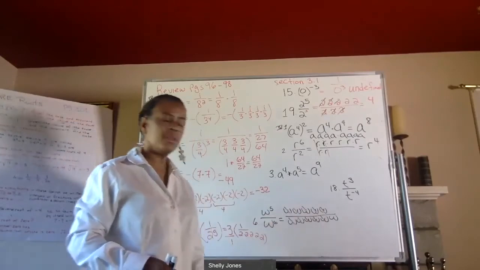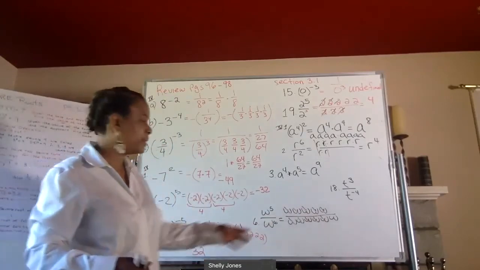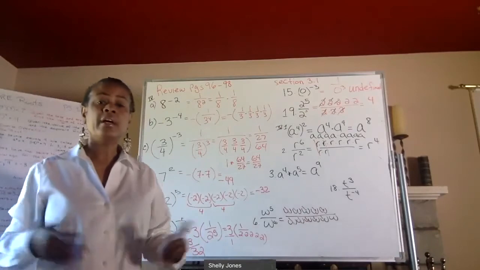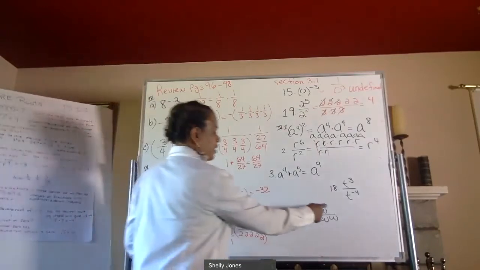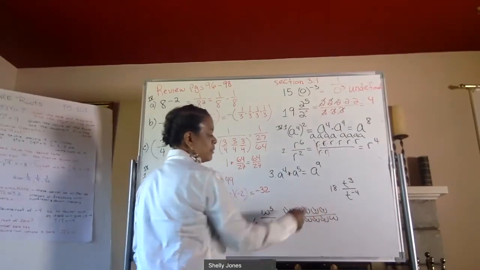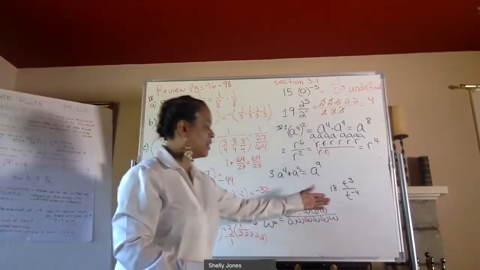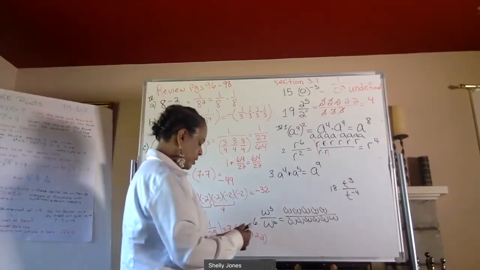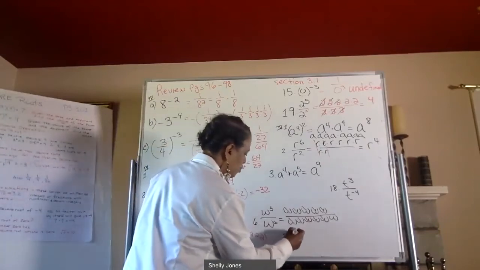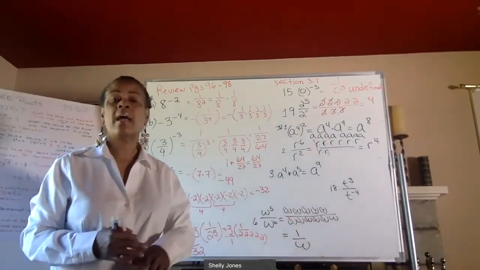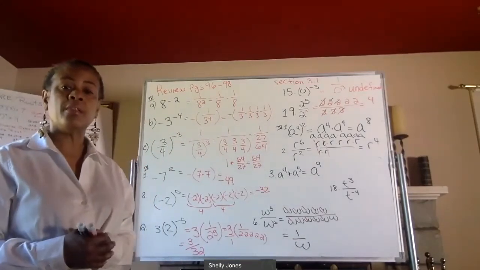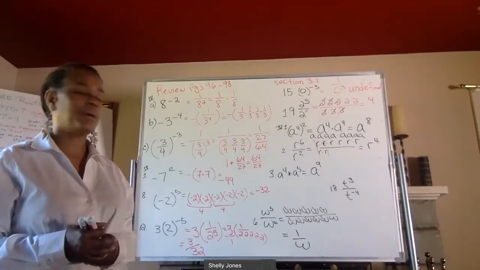And I end up with a W in the denominator, but nothing in the numerator. And when I say nothing, there's really something there. There's really a 1 there, because 1 times W is W. I can't just leave nothing up there. So I'm going to end up with equals 1 over W. And that makes sense, because I had more W's in the denominator than I did in the numerator.